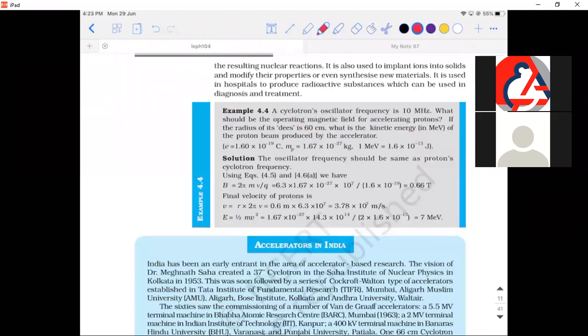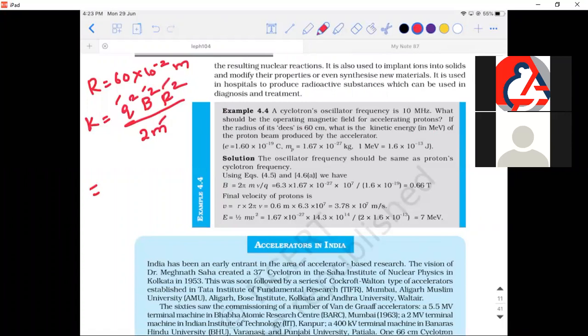If the radius of the disc is 60 centimeters, so 60 into 10 power minus 2 meter, what is the kinetic energy of the proton beam produced by the accelerator? The formula we just saw is Q square B square R square divided by 2 into m. Q you know, B you will find from the previous question, R is known to you, and you know the value of m also.